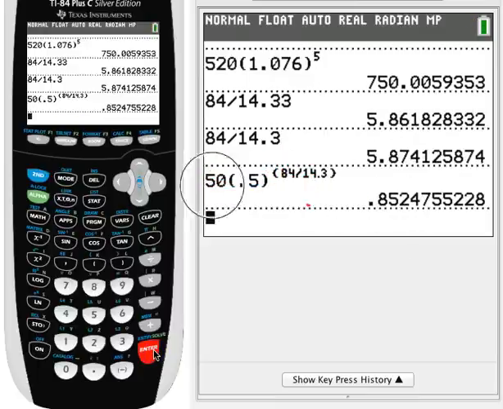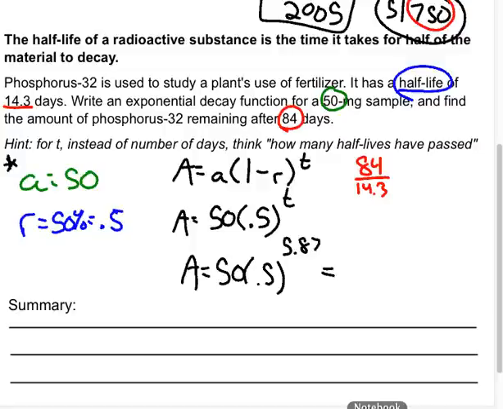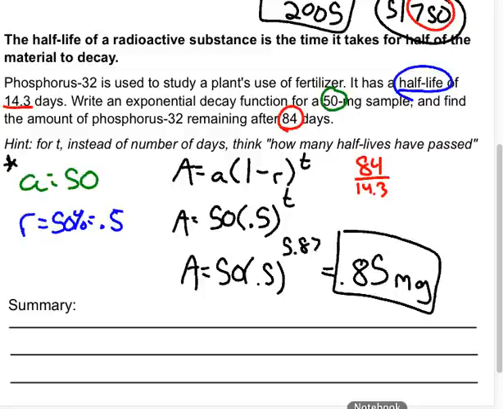And now, after those 84 days, notice you're going to have about 0.85, is it grams? Milligrams. So you're going to have about 0.85 milligrams left. Right, and that is how you deal with half-life.